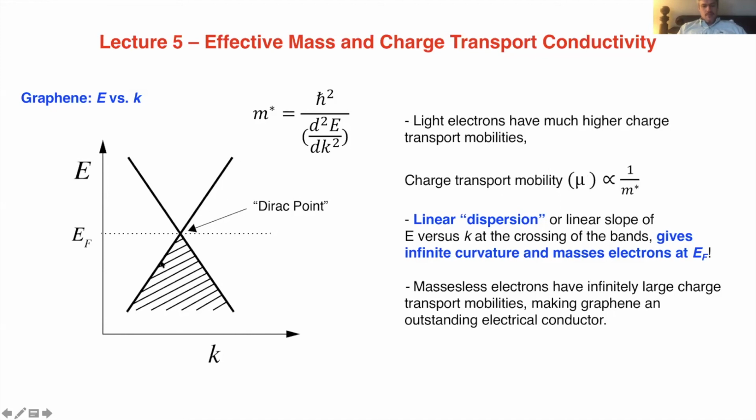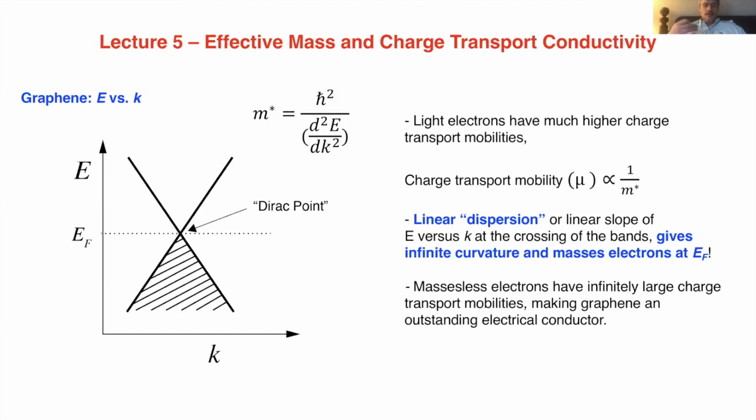And right at this point where you go from flat to flat, the curvature between these two is infinitely large. The transition from flat to flat is infinitely large. And so Dirac said that electrons sitting at the top of the valence band in graphite or graphene should have zero mass, and their charge transport mobilities should approach infinity.